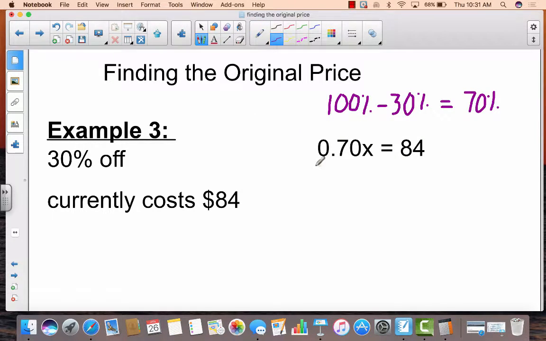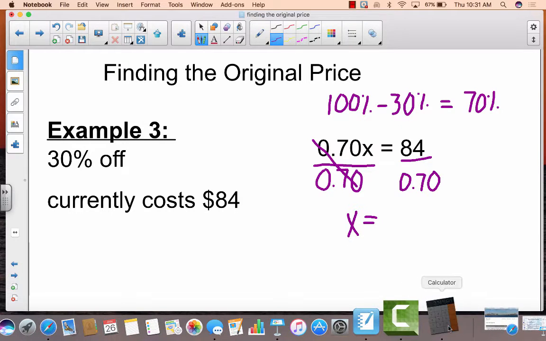And now I'm going to get x by itself, so I'm going to divide by 0.70. On the other side, divide by 0.70. This cancels, I'm left with x, and we just divide.